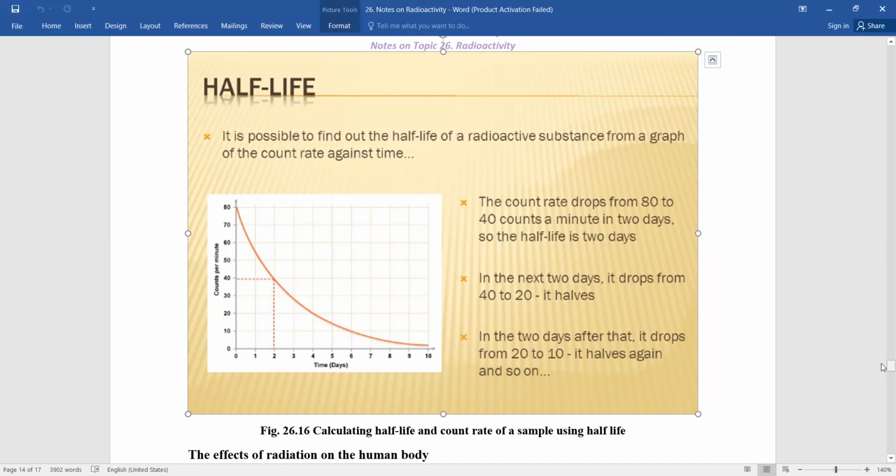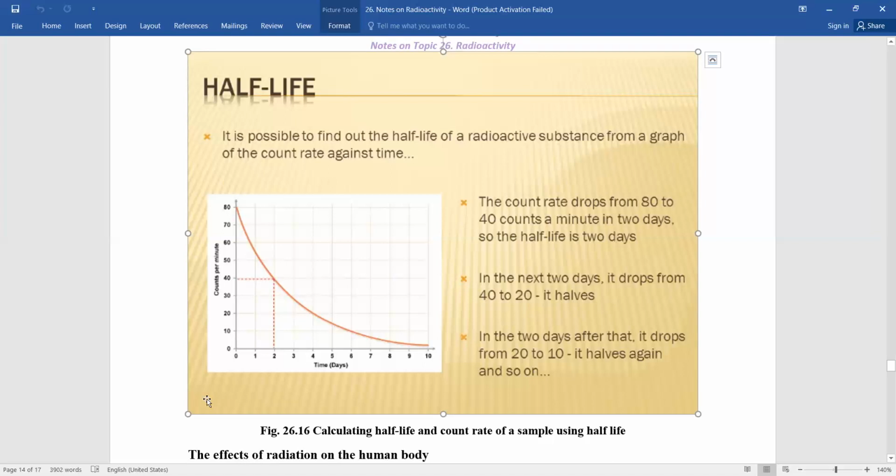So the number of counts at the beginning was 80, right? And the number of counts will be 40 after one half-life, and the time required is 2 days. Another half will be 20, right?